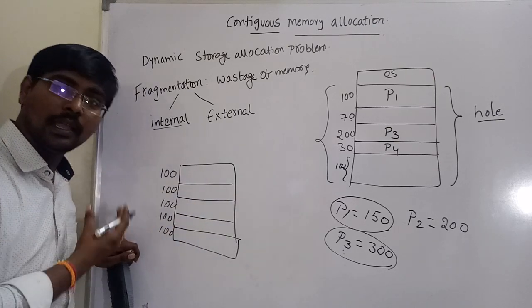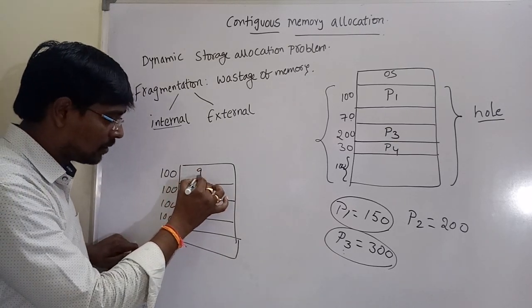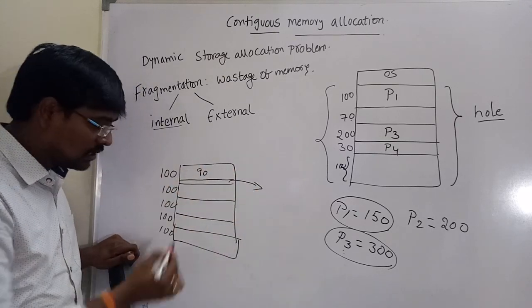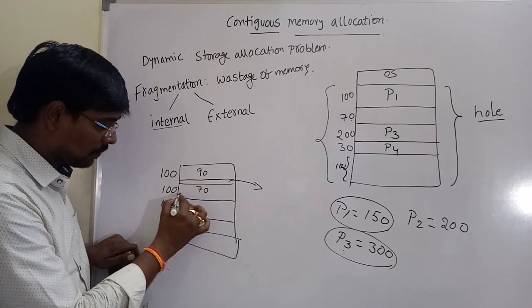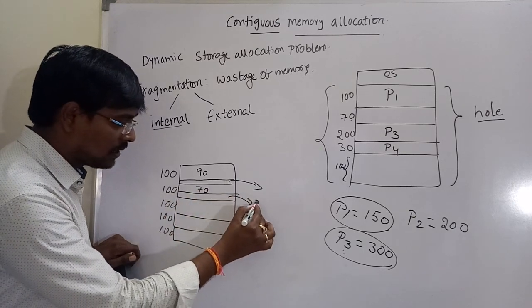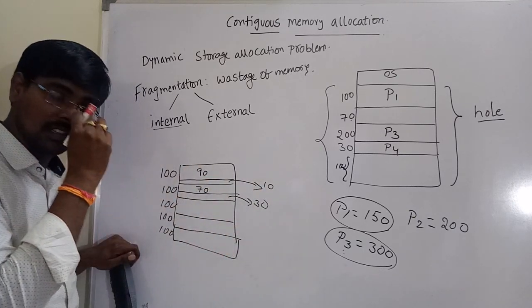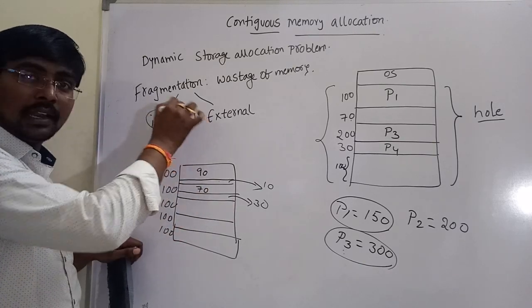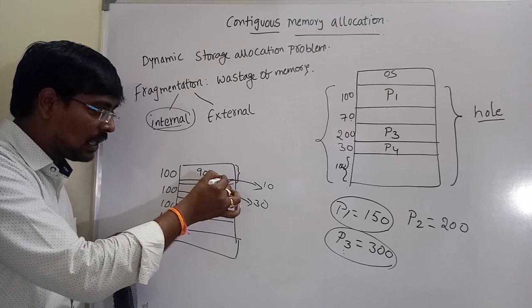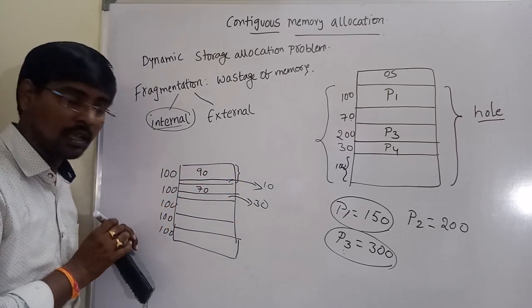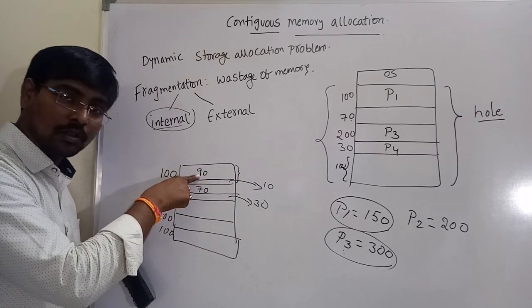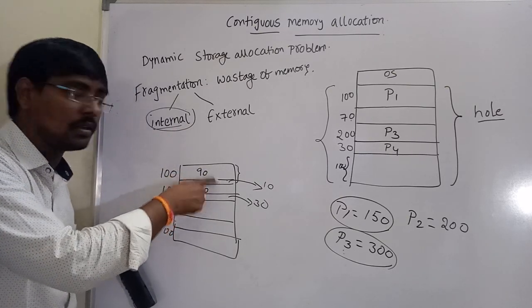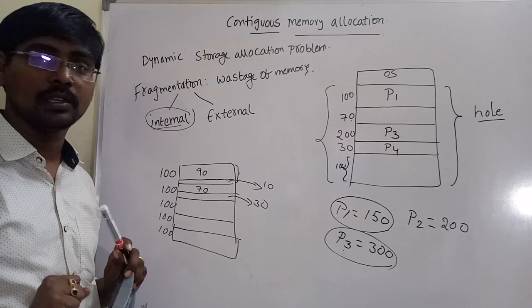Suppose I am allocating a process of memory 90. What about this remaining 10 bytes? Suppose I allocate a process of 70, the remaining 30 bytes is wasted. Internal means we are allocating the memory to this partition, but it wastes memory inside the partition. This is called internal fragmentation.